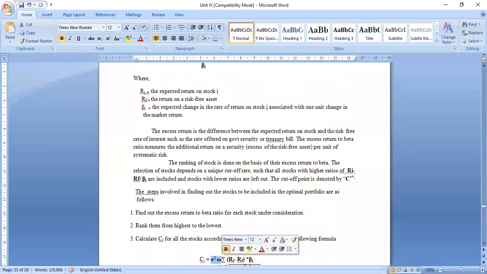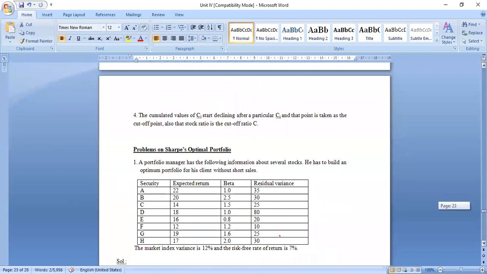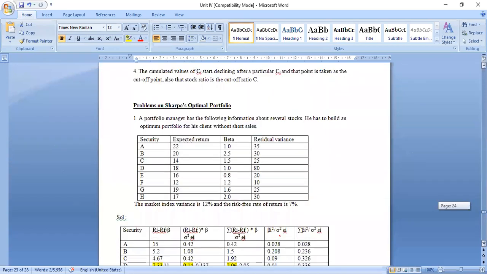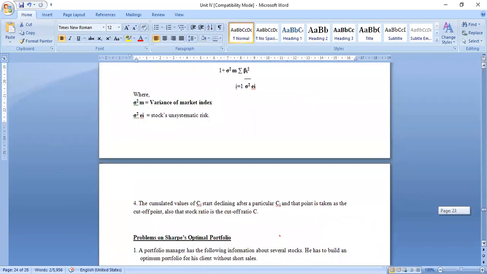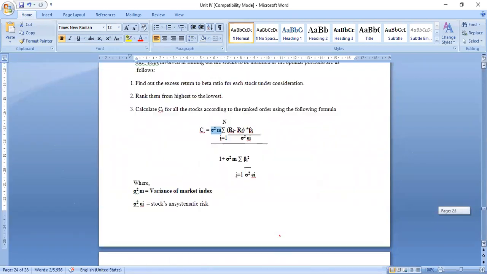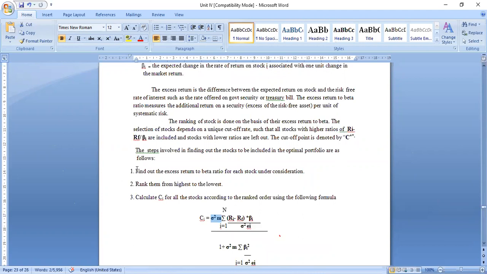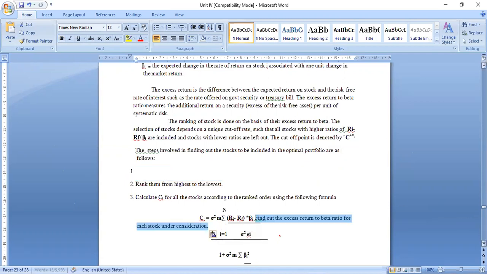Market index variance is already given. And the risk-free rate of return is 7%, because we have to calculate Ri minus Rf divided by beta. Okay. So that is going to be the first step, that is, find out the excess return to beta ratio for each stock under consideration.